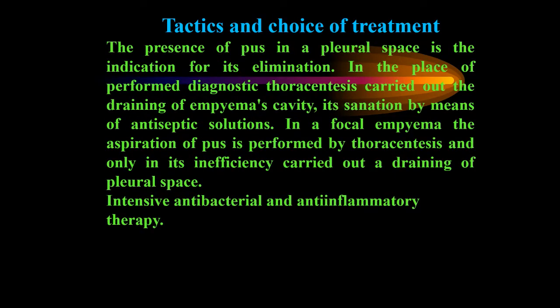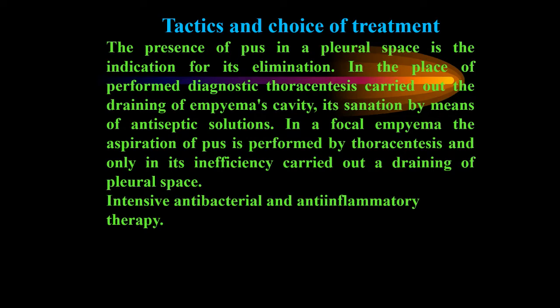Tactic and choice of treatment. The presence of pus in the pleural space is the indication for its elimination. At the place of the performed diagnostic thoracentesis, the drainage of the empyema cavity is carried out, with its sanation by means of antiseptic solutions.